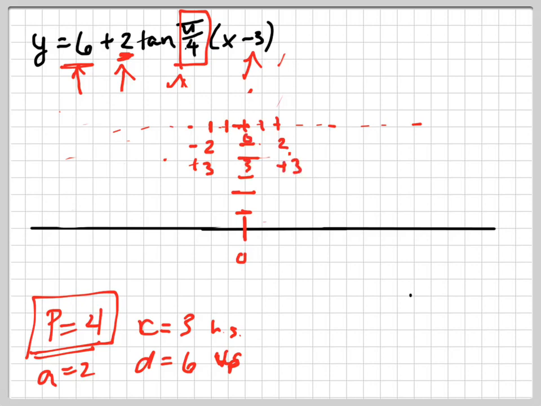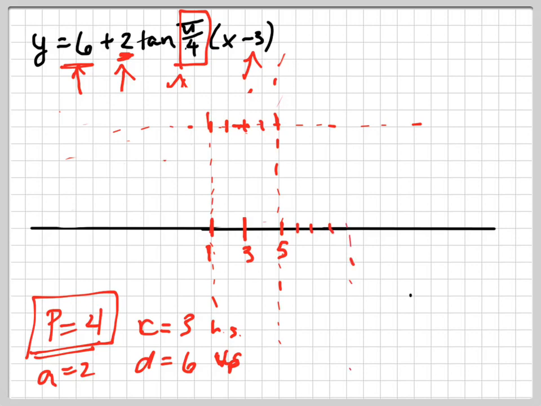So my points are going to be 1, 3, and 5. I erase all that mess, and my vertical asymptotes are at 1 and 5, and then again 4 away from it. 1, 2, 3, 4.